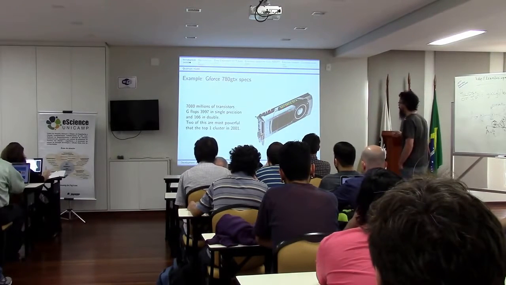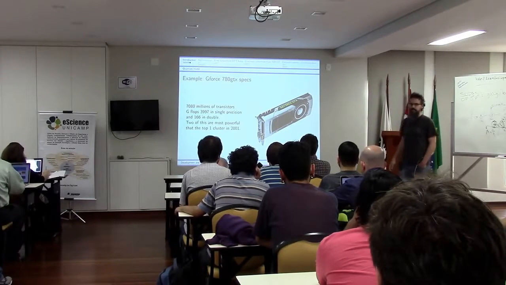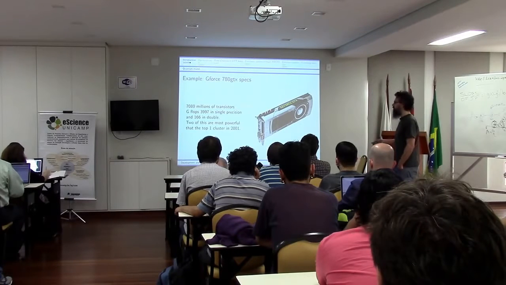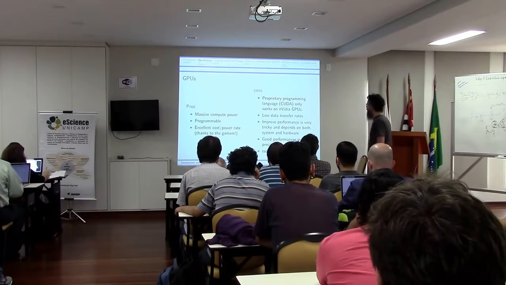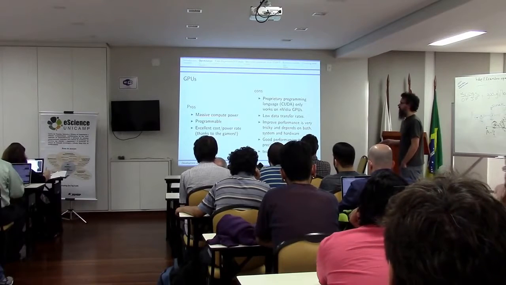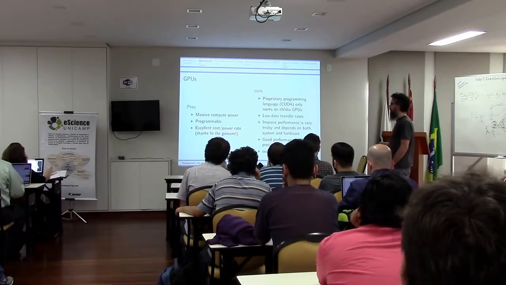GPU, I think maybe this slide is redundant because almost all of you already know about the power of this kind of card. It has a lot of pros because it has massive computing power, it is programmable, and has an excellent cost-power rate.